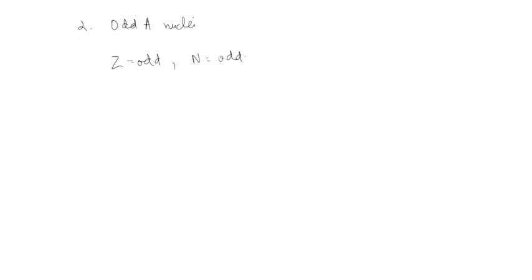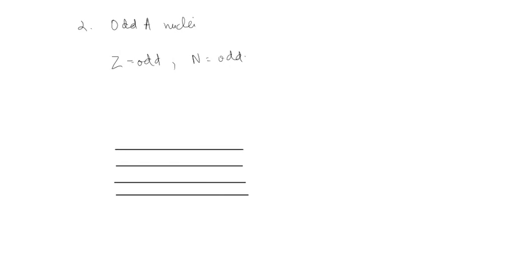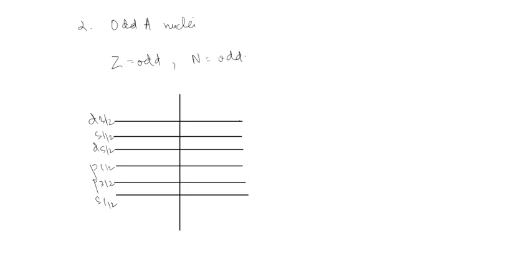So if we consider the same set of energy levels, and we consider a specific example, so your S1/2, P3/2, P1/2, then D5/2, S1/2, D3/2, and if you consider an odd nucleus, say nitrogen 15.